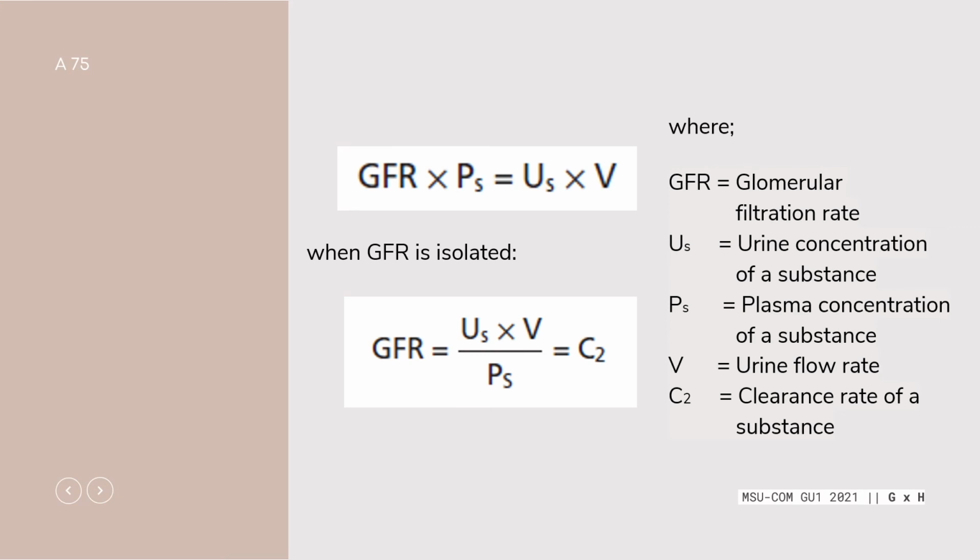With these criteria, we can then formulate that the filtration rate of the substance in the kidney is equal to the formula above. Now, if you rearrange that formula to isolate GFR, GFR will then equate to the quotient of the urine concentration times urine flow rate divided by plasma concentration. This is simply equivalent to the clearance rate of a substance, as you can recall from the formula a while ago.